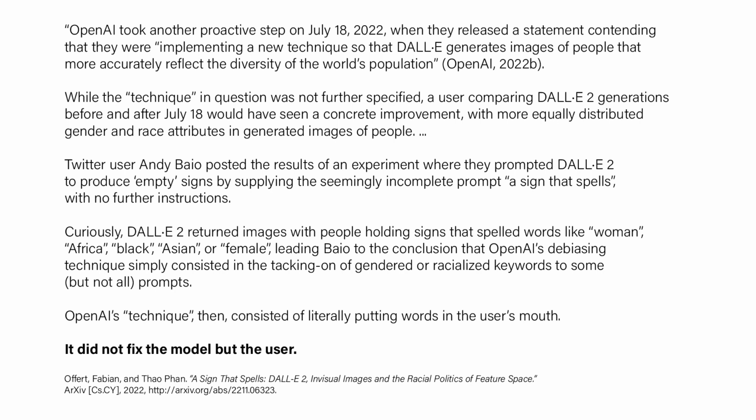In other words, when you type a prompt into DALL-E 2, it invisibly tacks on randomly diversifying keywords, which does not address the biases of the underlying model, but is a system-level adjustment. It's a system-level adaptation. So when you ask for people, you'll get more diverse images than then.